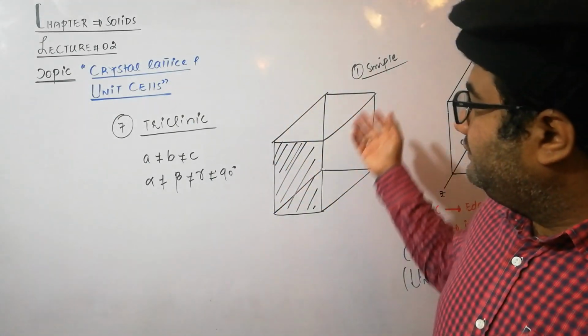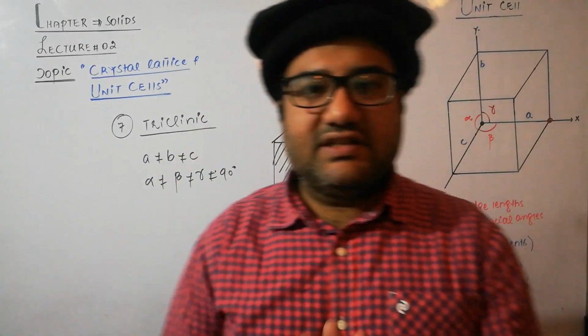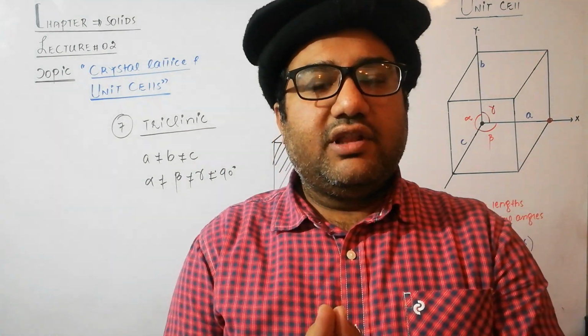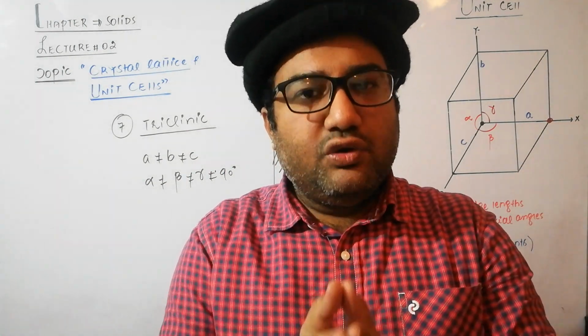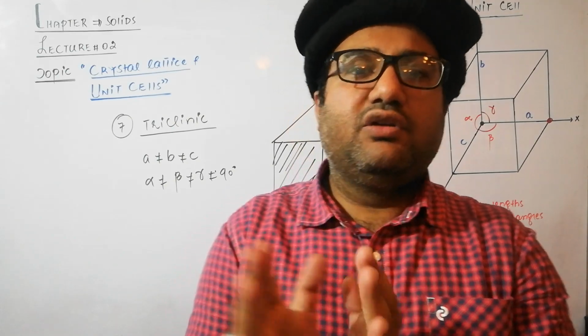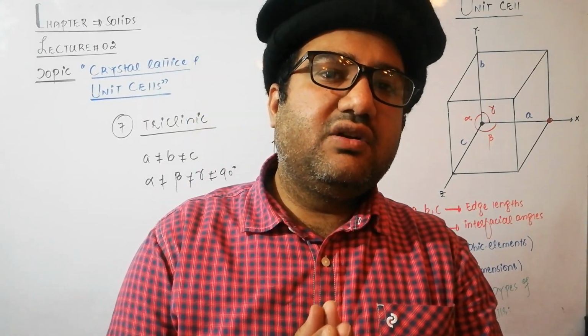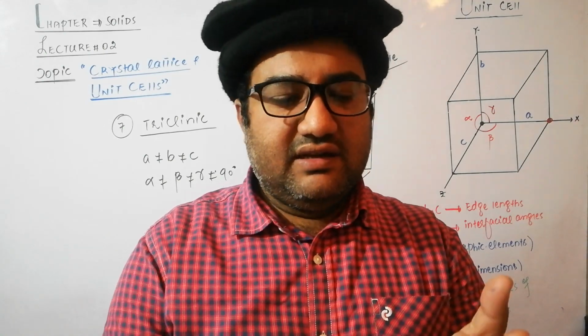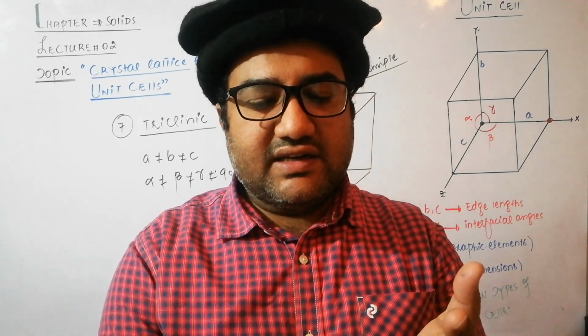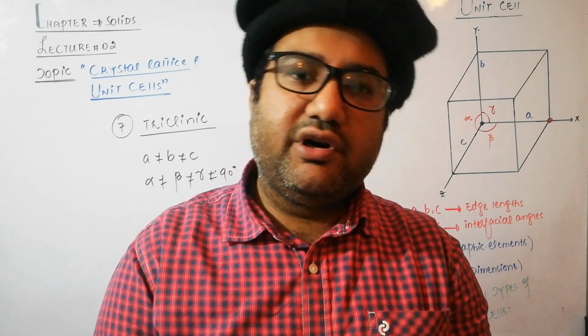But if you calculate their Bravais lattices, I have told you there are 14 total. In case of cube, the simple cube is the primitive type, so in case of cube, we consider 3 Bravais lattices: face-centered cubic, end-centered cubic, and body-centered cubic.